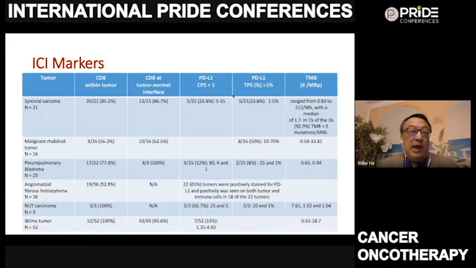Specifically for the PD-L1 here, if you look at these CPS and TPS columns, you can see they have a range from about 10% to about 70%. So in these tumors, there's a range of PD-L1 expression from 10% to 70%. Next slide, please.